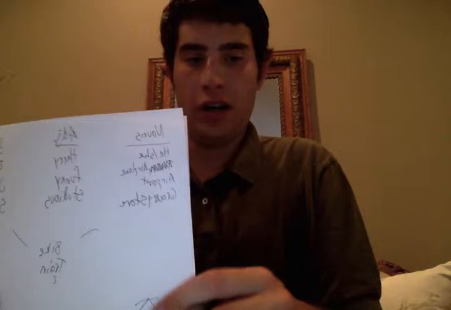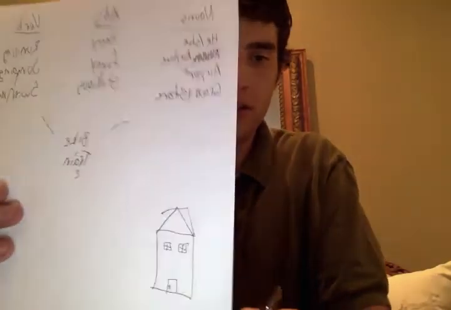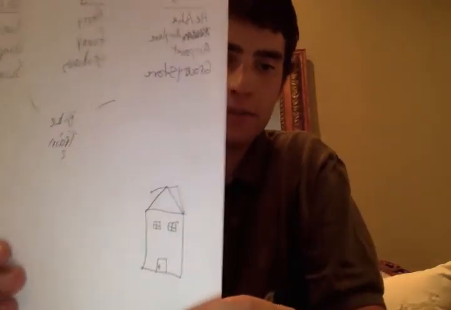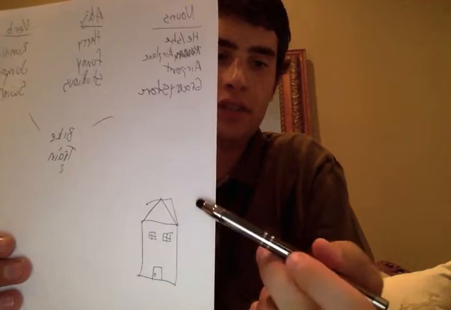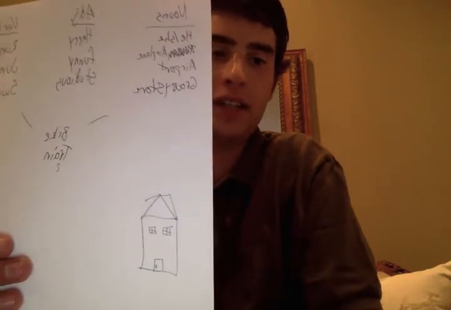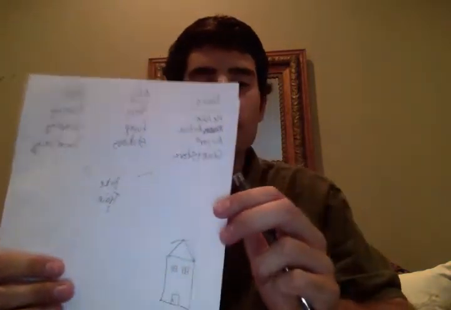You don't have to do a verb for it. So what I drew was a broken house. See the roof? The antenna is broken on it. And that will be homework for you for today.